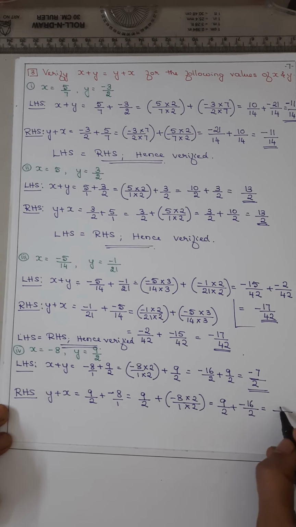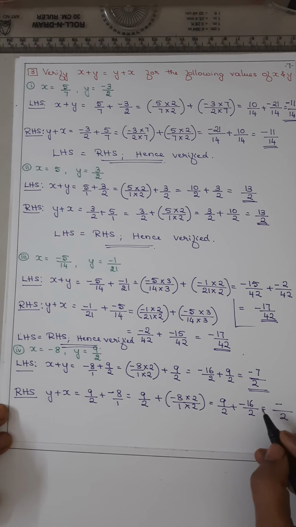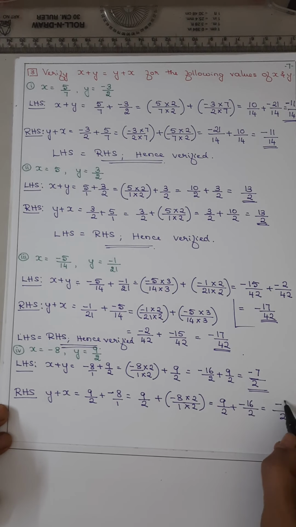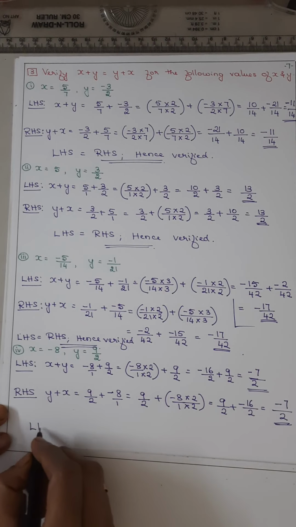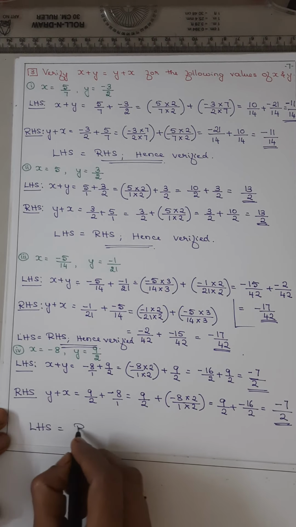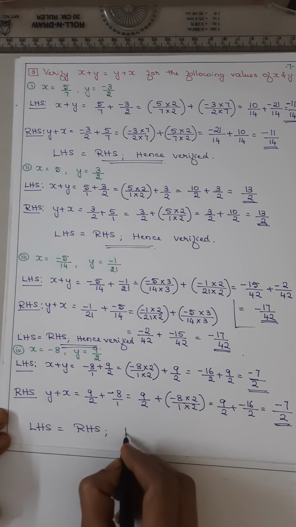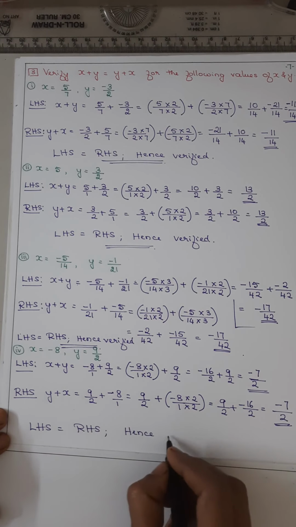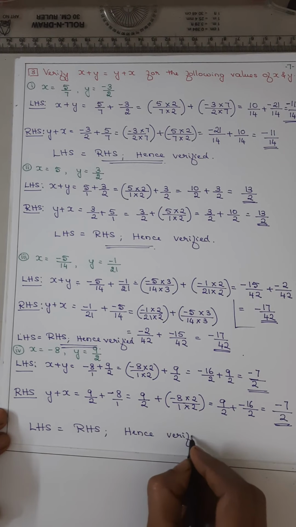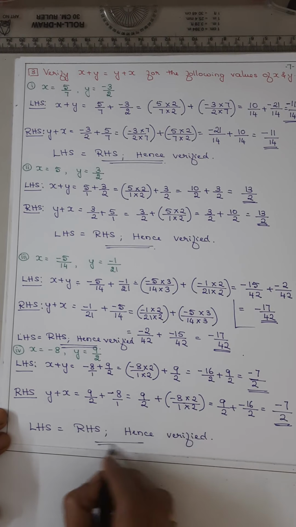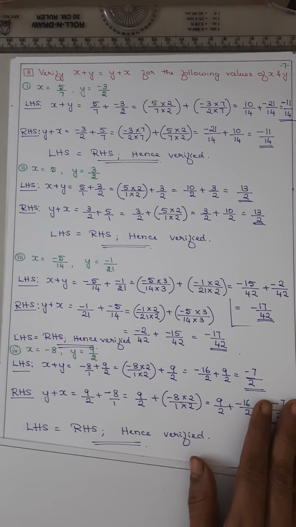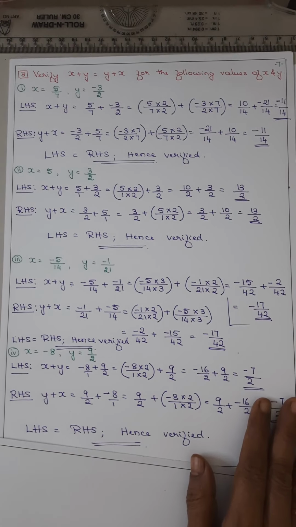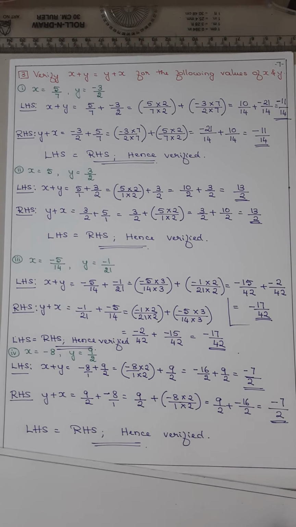Different signs. So minus 16 is big, sign is minus, and 16 minus 9 is 7. So both the answers are same. So LHS is equal to RHS. Hence, verified. Is it okay? So hope everyone understood up to question number 3. Is it clear?